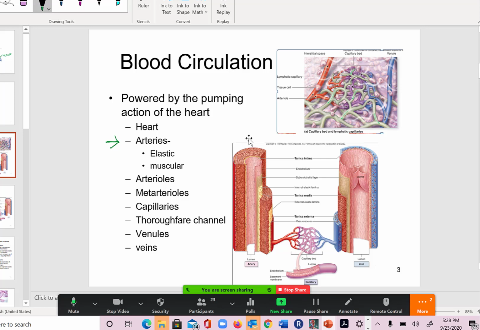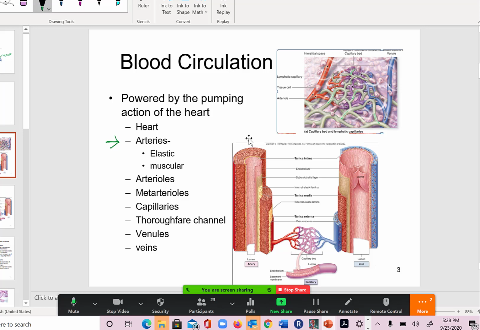So I'm going to go over the anatomy of an elastic artery and a muscular artery. After arteries are arterioles. Arterioles are the smallest of all arteries. I will then point out what a metarteriole is, which leads to a capillary, which I showed you on the first slide.